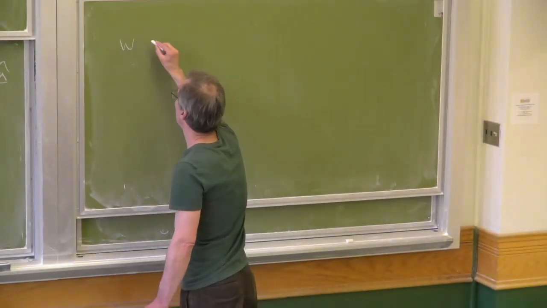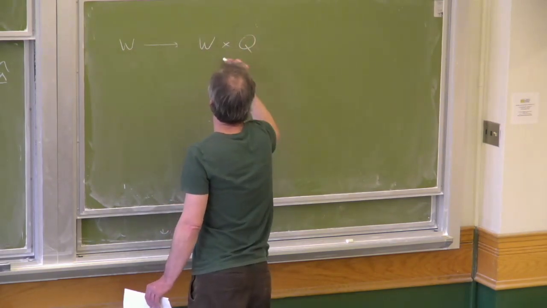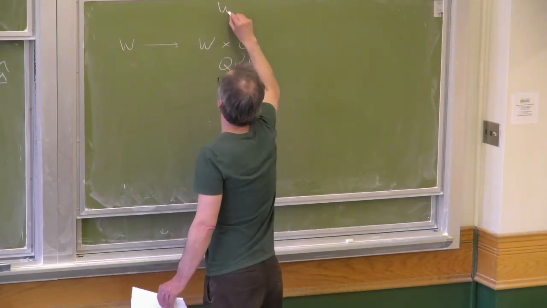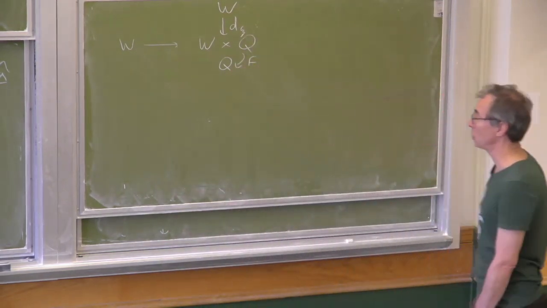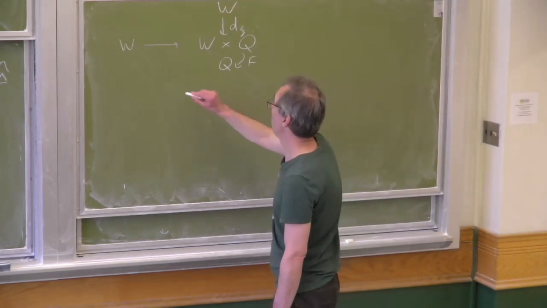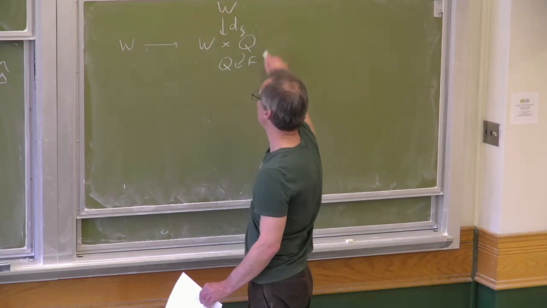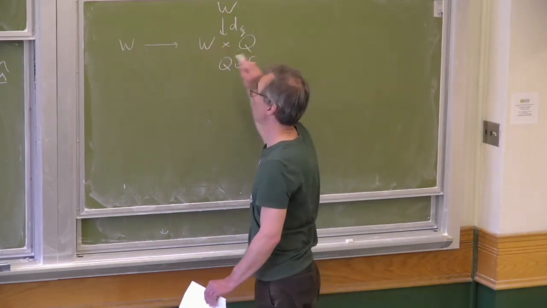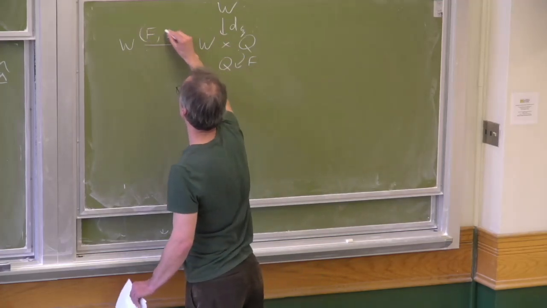It comes from the map from W to W times Q over Q. So if you unravel the definition of Frobenius that I gave, there is a map from W to this quasi-ideal pair. In fact, it's just a map from W to this object, which is given by Frobenius and identity.